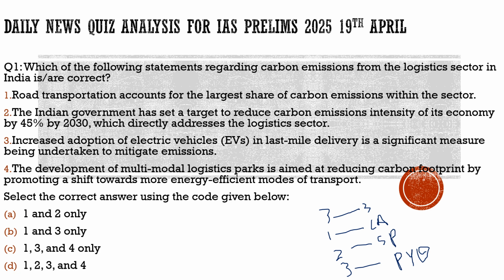We will try to learn the different trends they follow for framing questions, and at the same time the different types of questions which you can still solve if you don't have the proper knowledge, and the different techniques you can implement in the exam. I'm talking about the elimination methods, and we will also try to understand how we can implement this information in the upcoming exam. So this is, in a nutshell, what we are going to do in this video.